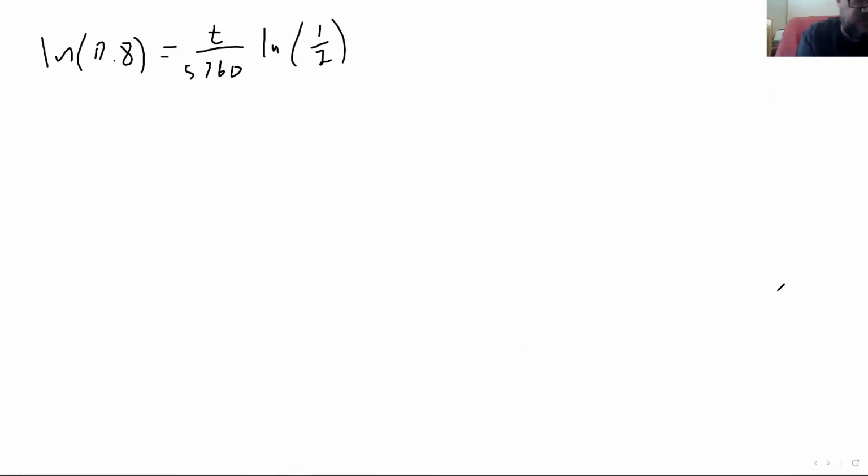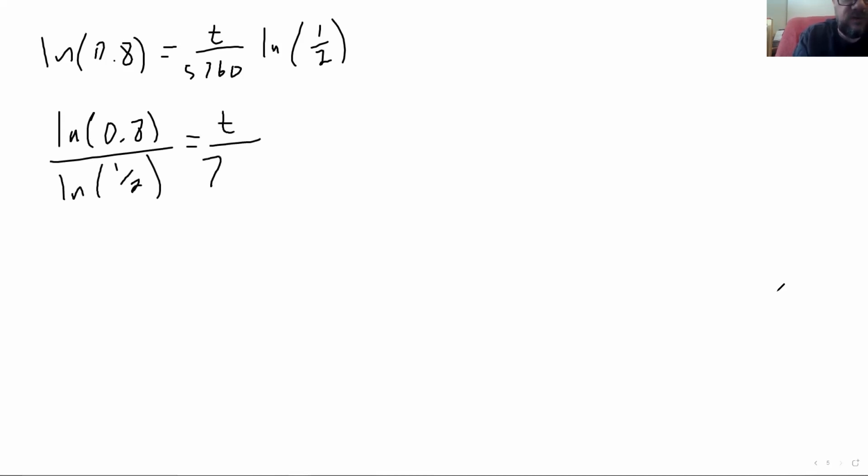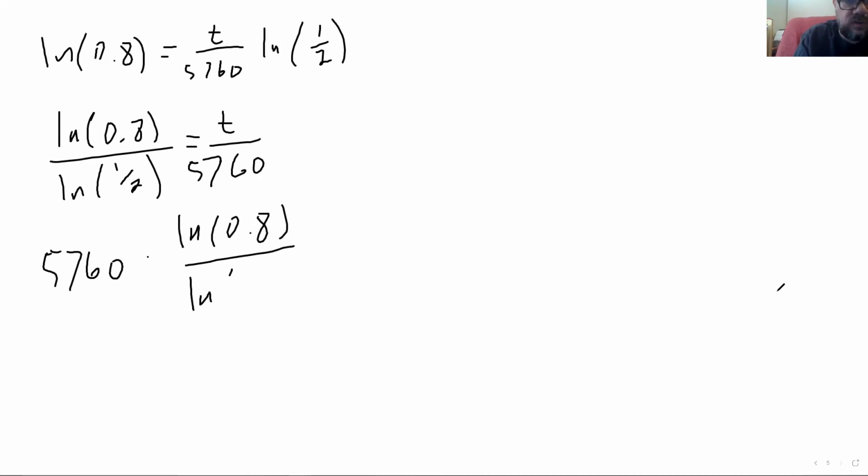Divide by log of a half, ln of 0.8 over ln of a half equals t over 5760. And I'm going to multiply both sides by 5,760 to get t alone. So we're going to get 5,760 times ln of 0.8 over ln of 1/2 equals t.